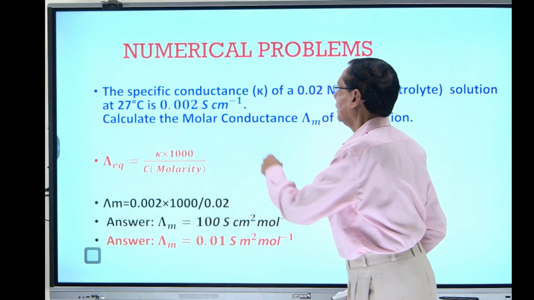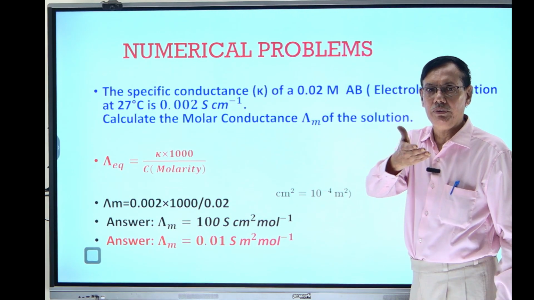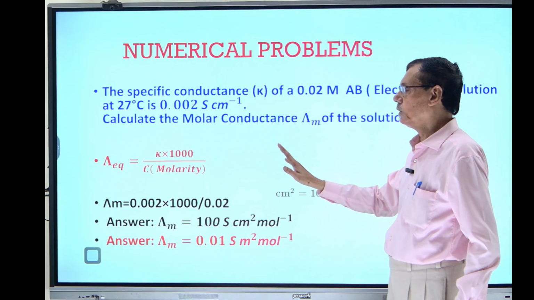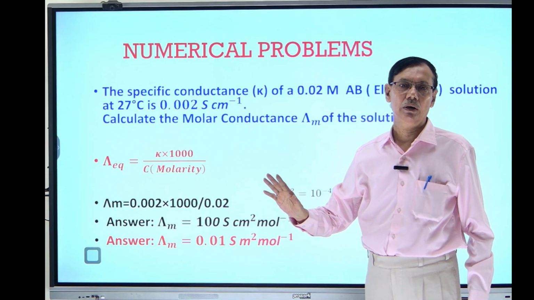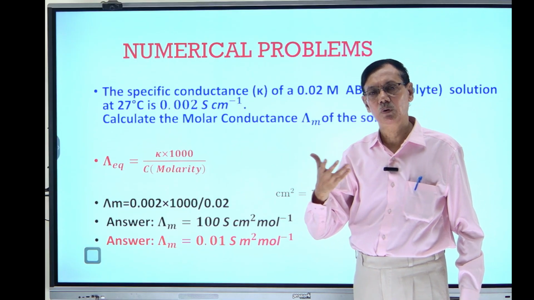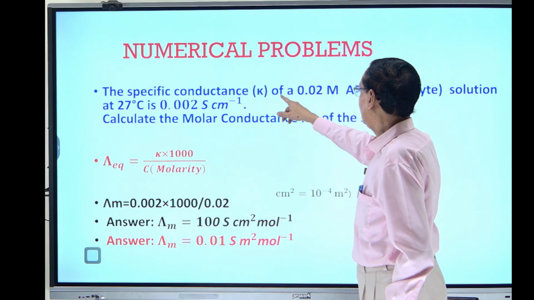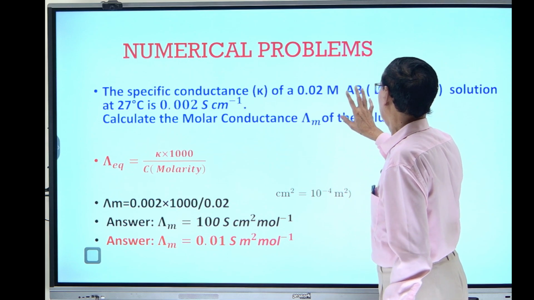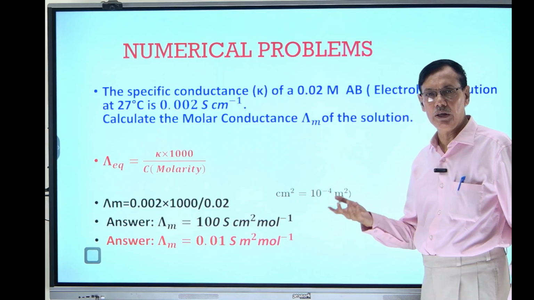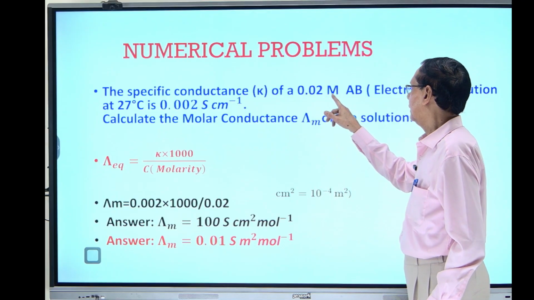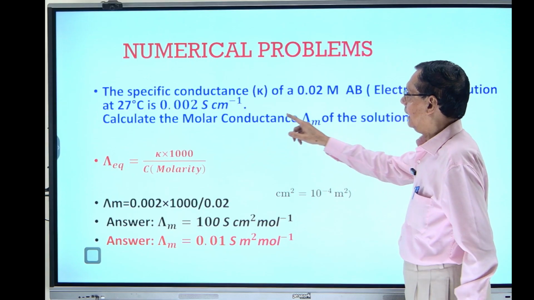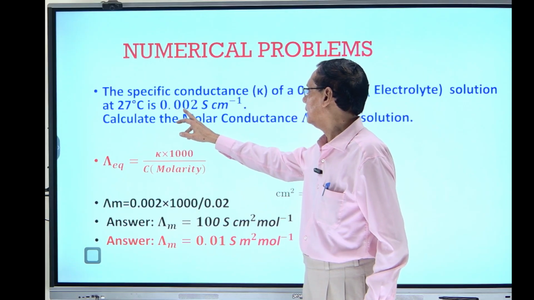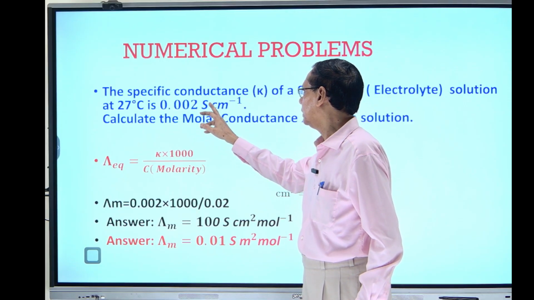Lastly, suppose an example, you can solve it, the specific conductance of a zero, no calculator is required, no log table is required, just like an MCQ question. The specific conductance of 0.02 molar, I am not specifying here whether it is a strong or weak electrolyte, I have only written AB, and the temperature is 27 degree centigrade and the specific conductance is 0.002 Siemens per centimeter.